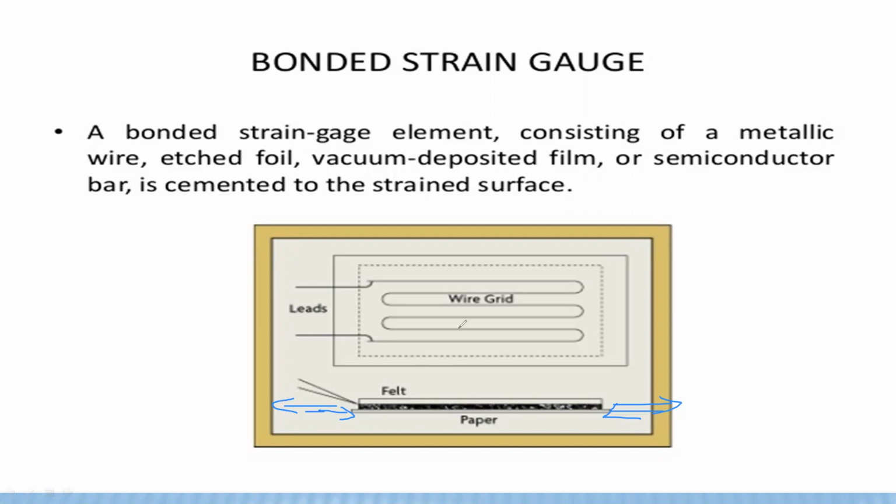So automatically the wire grid's length is also changed. The change in length relative to the original length is calculated as resistance. Okay, the resistance is developed when we apply the loads on this object. So that is the working of the bonded strain gauge. It is bonded with the object. That means it is felt on the object. It is stuck to the object.